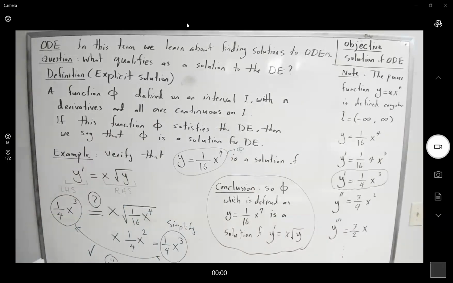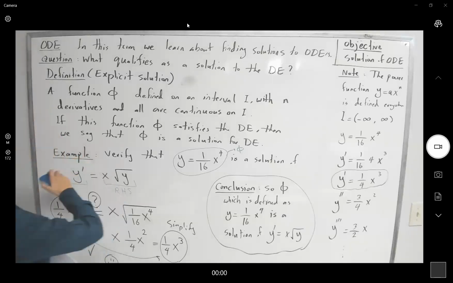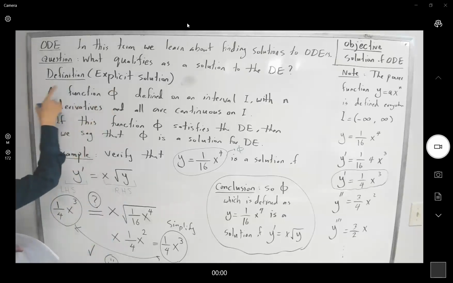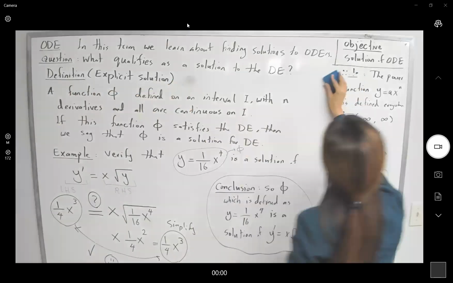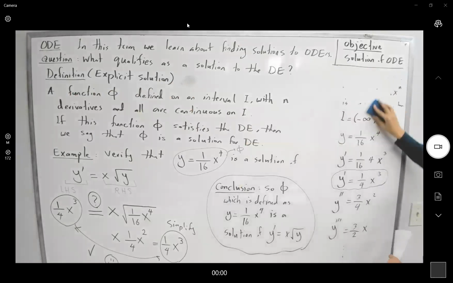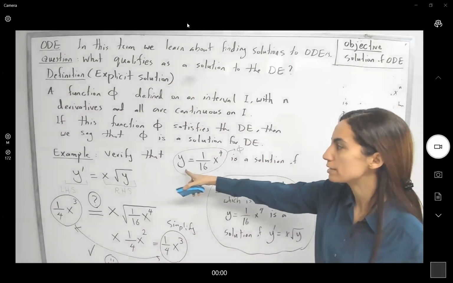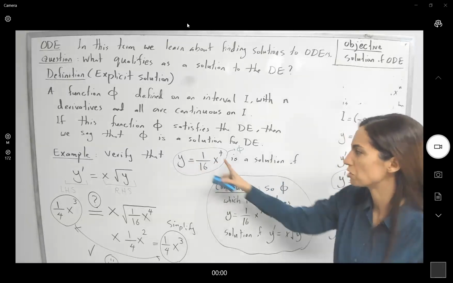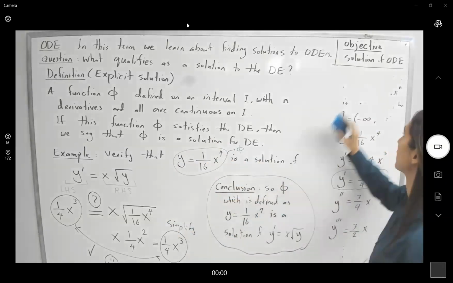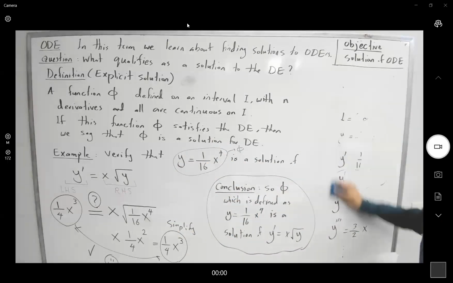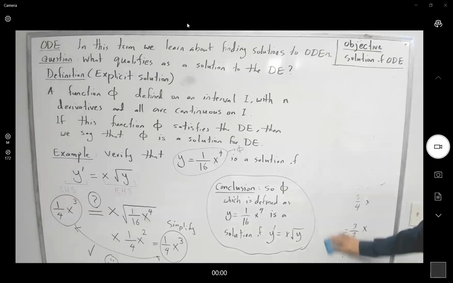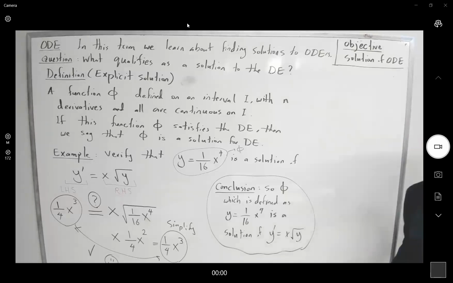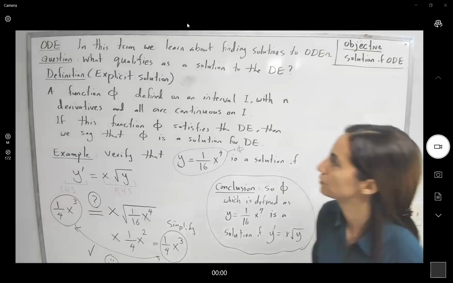Let us talk about the implicit solution. So when you're talking about the solution of a differential equation, you either have an explicit solution, where the function is explicitly defined, and you just take the derivative and plug that in. Sometimes we end up with implicit solutions. Implicit solutions are a relation between variables.